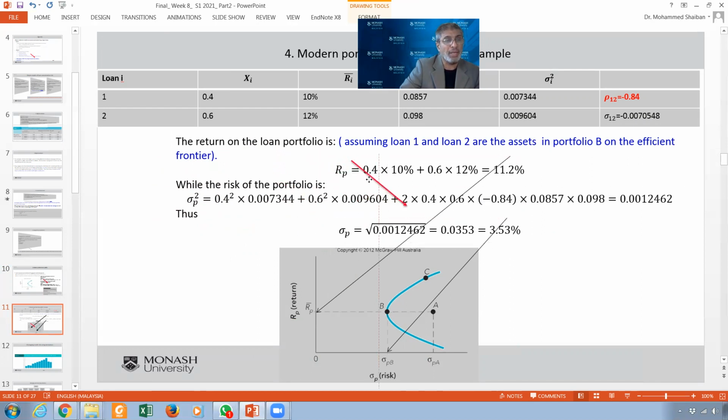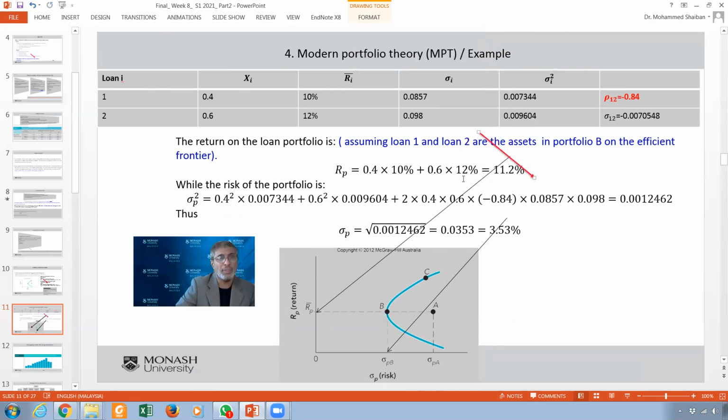Then you have to multiply the first weight and the second weight, 2 times the 2 weights times the correlation times the standard deviation of the first one and the second one. It's here.